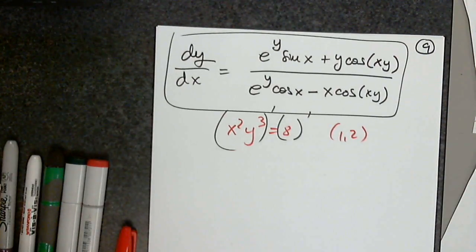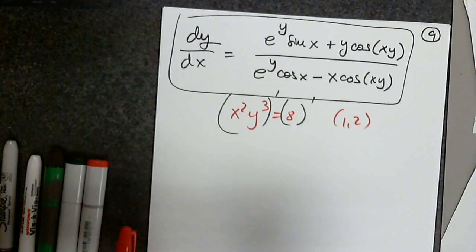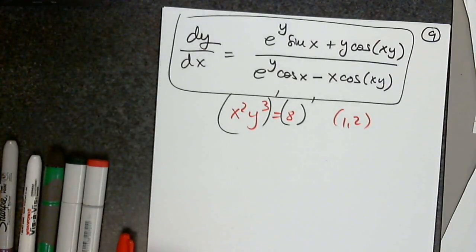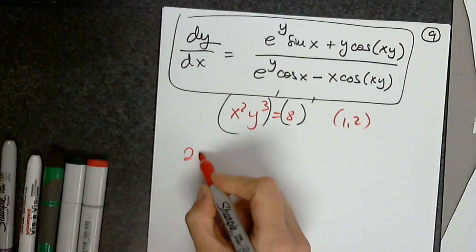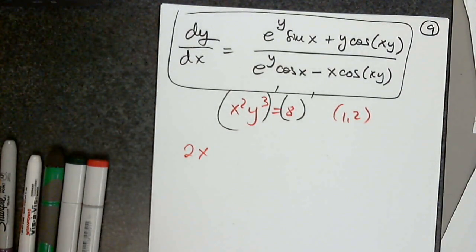The left-hand side equals? 2x? That's not how I differentiate the product.